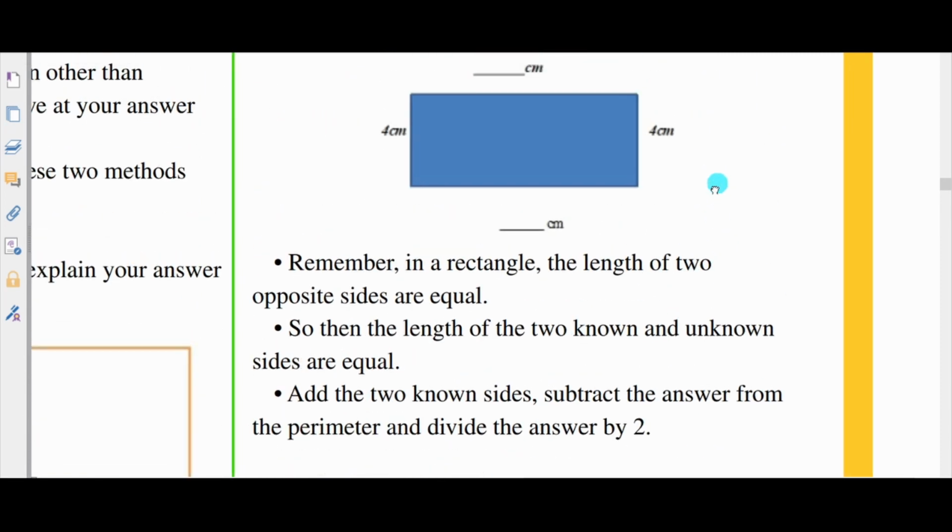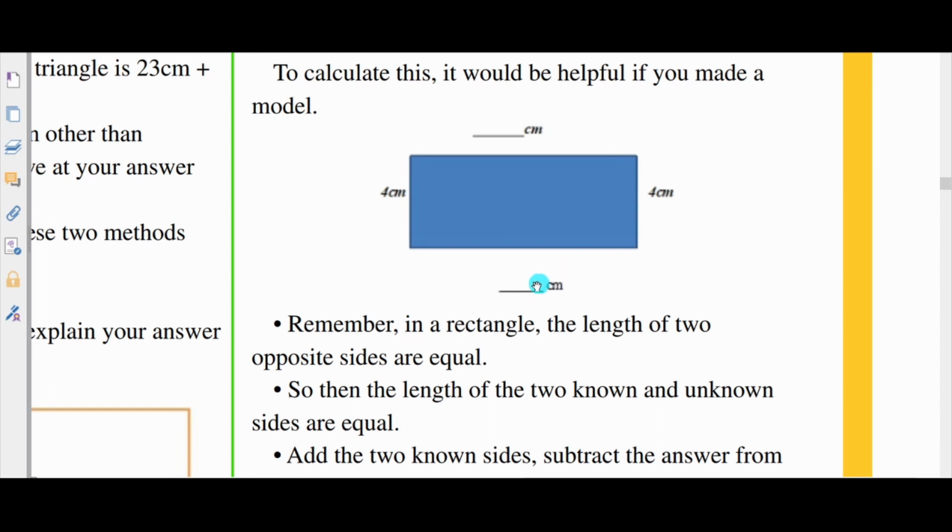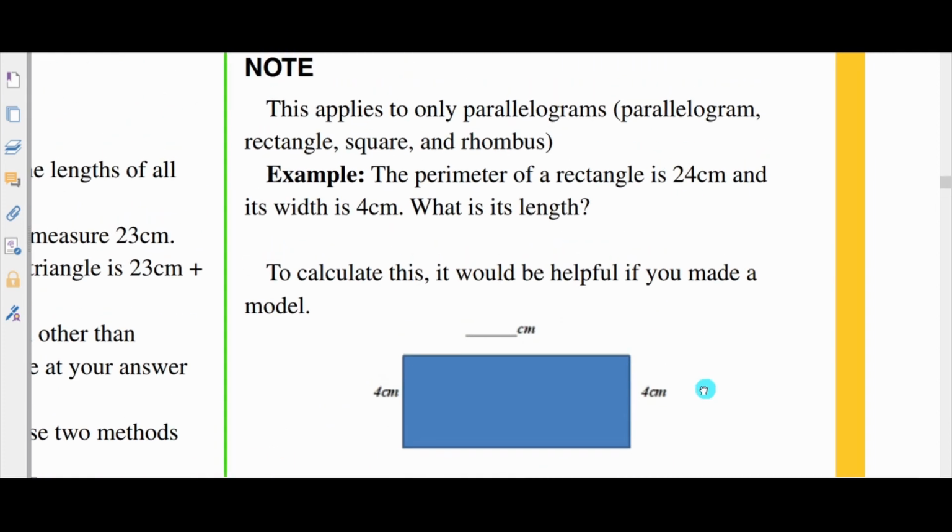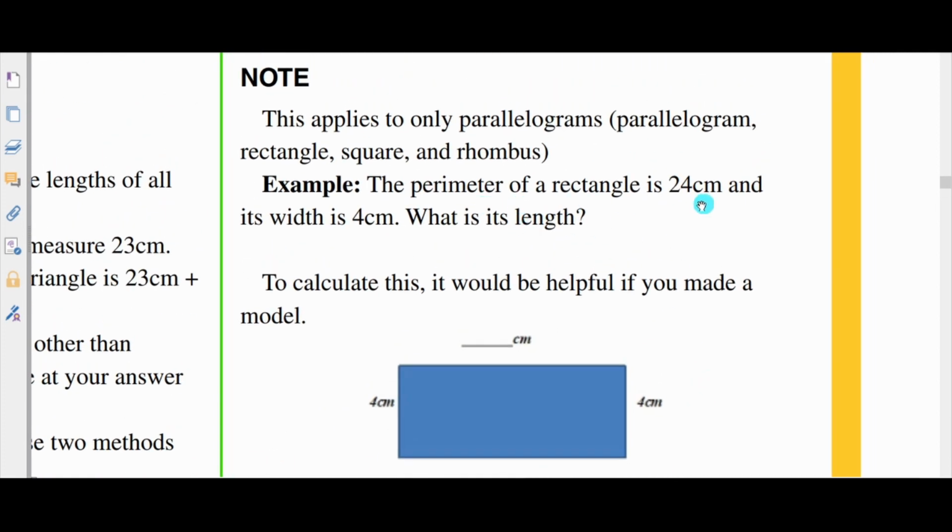Let's check this. So this would be 8 here and 8 here. 8 and 8 is 16, 16 and 4 here is 20, 20 and 4 is 24. And that is what they said, that the perimeter was 24 centimeters.